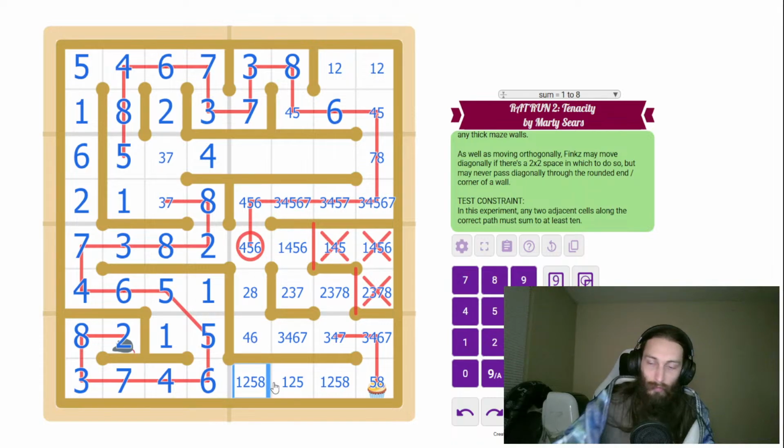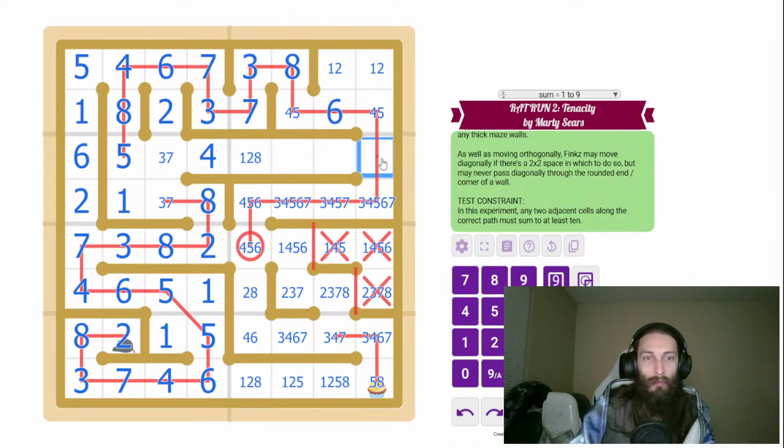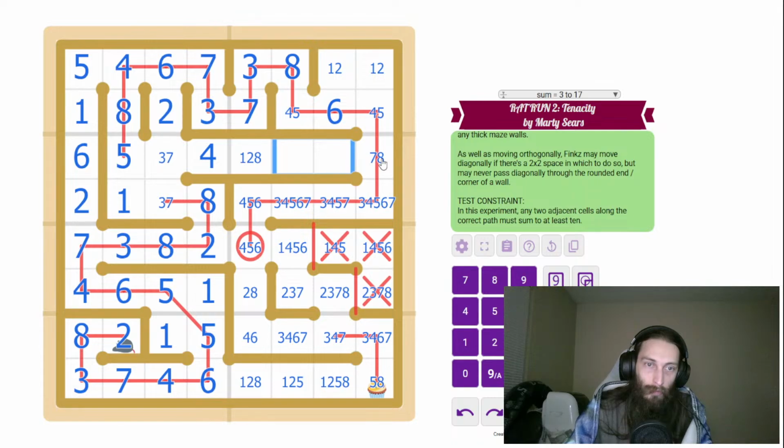So 1, 2, 8. Both 4 and 5 have a minimum number of 6, and I already have a 6 in a row, so this has to be 7 or 8. What's left over in this row? 2, 8, either 3 or 7.